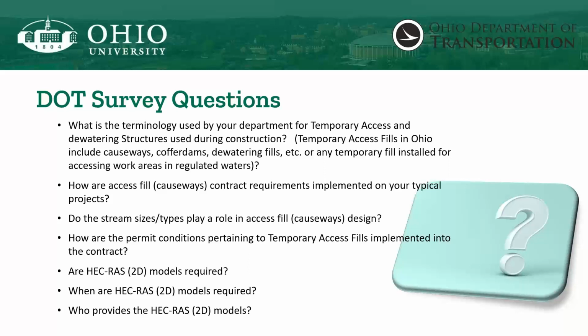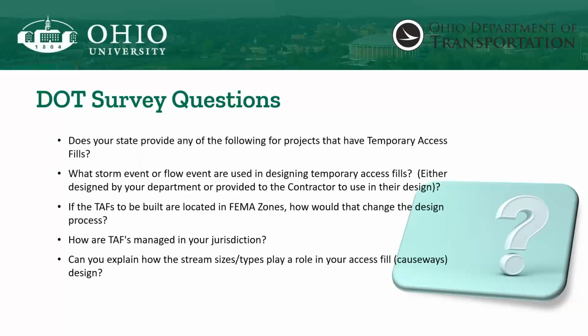Is HEC-RAS or hydraulic modeling required, or is two-dimensional modeling required, and so on. These are the questions we asked, and they should be on the handout, so everyone should be able to look at them.